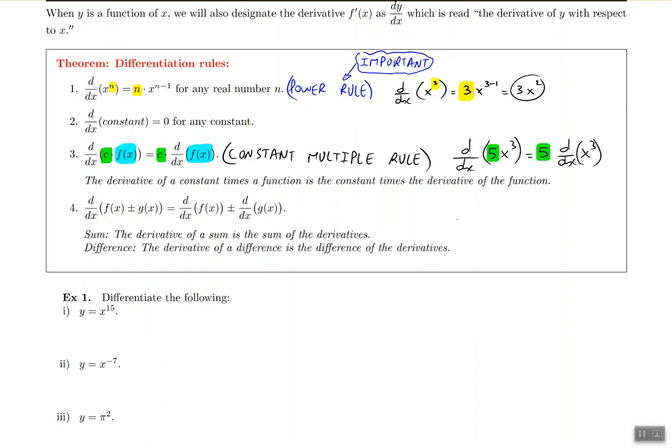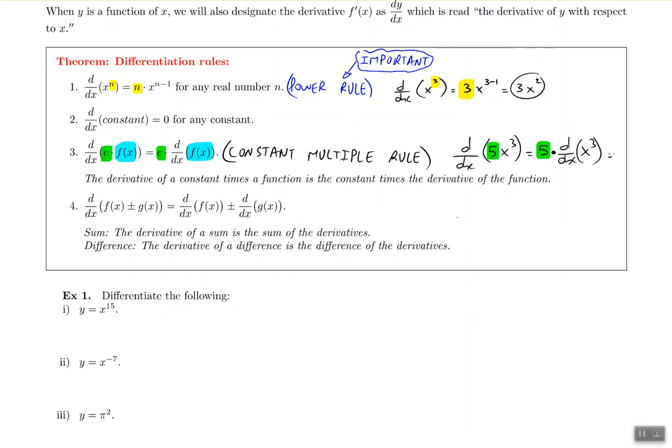It doesn't turn into 0, it just gets ignored and it gets written in front with a multiplication between it and the derivative. And by the way, the derivative of x cubed is going to be 3x squared. So this is going to be 5 times 3x squared, which turns out to be 15x squared, but you know, whatever. That's the rest of the problem. Okay? So that was the constant multiple rule.